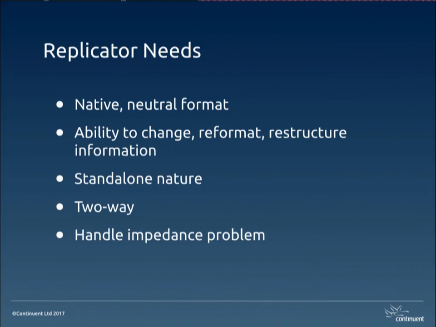The other thing, we need something that's standalone in nature, and by that I mean it needs to be something that is independent. The reason it needs to be independent is I need to be able to extract into that standardized format without having to worry about the other side. I should let the other side worry about converting from the standardized format into its target.